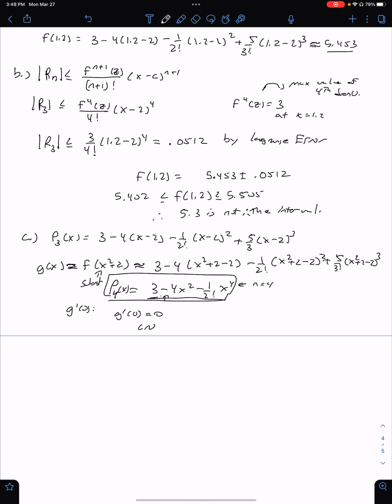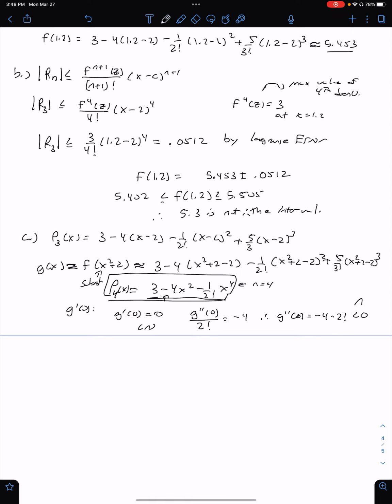So this is a critical number. Next, we're going to use the second derivative at 0 over 2 factorial, and that's going to equal where the second derivative occurs, which is right here. We're only looking at the coefficient, so that -4 right there. I'll show you another way we can do this in a second. So therefore, the second derivative at 0 is going to be -4 times 2 factorial, which is less than 0.